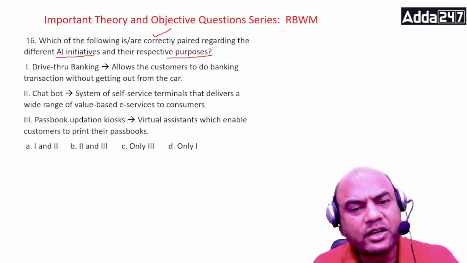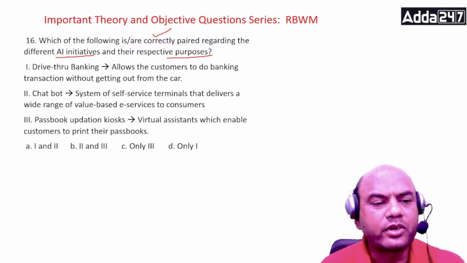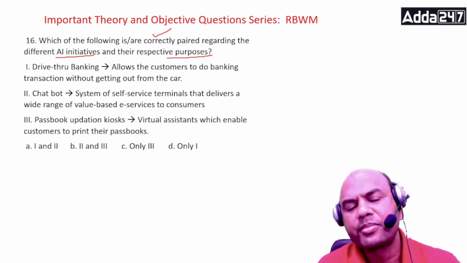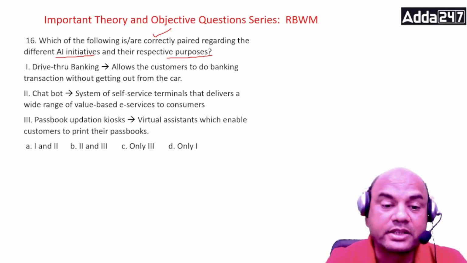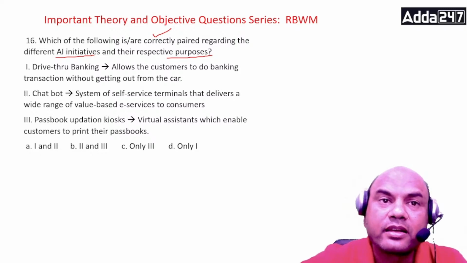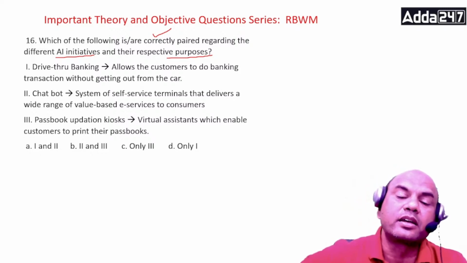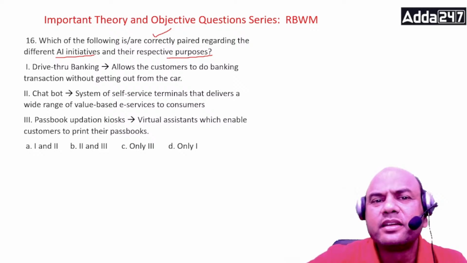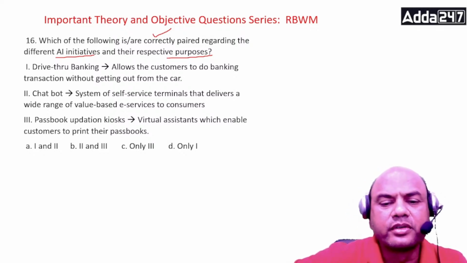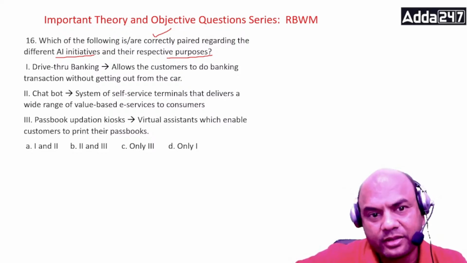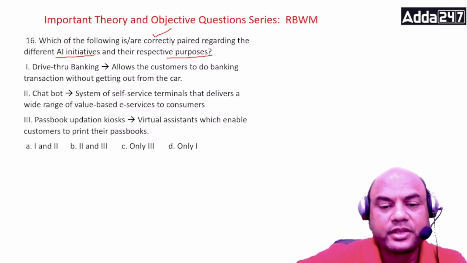Now, what is the third one? The third one is regarding chatbot. What is a chatbot? Chatbot is basically the virtual assistant. Remember this: a new tool designed to simplify the interaction between humans and the computer. So a chatbot is part of AI. It acts like a human being and answers like a human being.